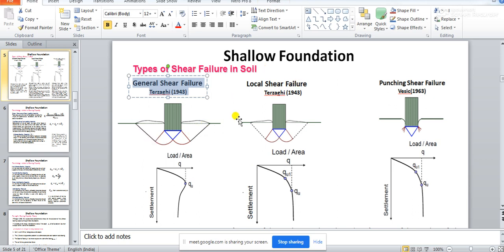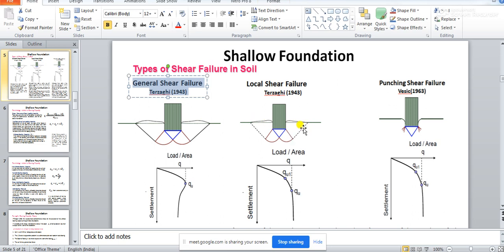Whereas when a foundation fails by local shear failure, you will not see this prominent failure surface inside the soil. As well, you will see that bulging of the soil surface is not happening the way it was happening in case of general shear failure. You see, in case of general shear failure, there is a lot of bulging outside the ground surface, whereas in case of local shear failure, there is not that much bulging.